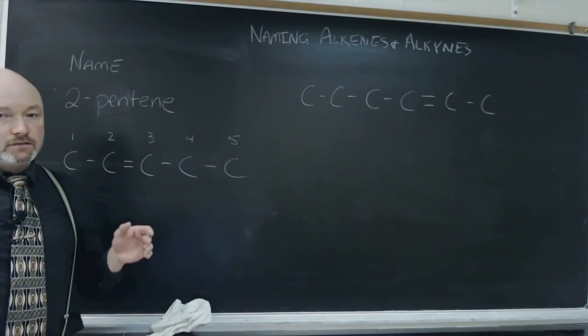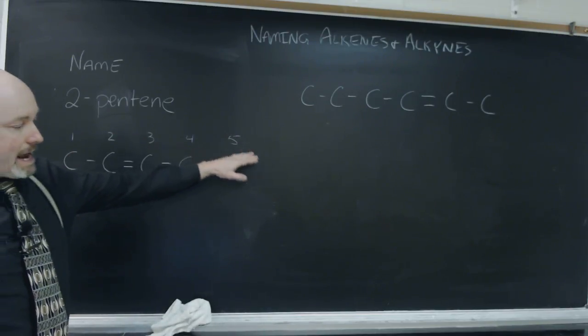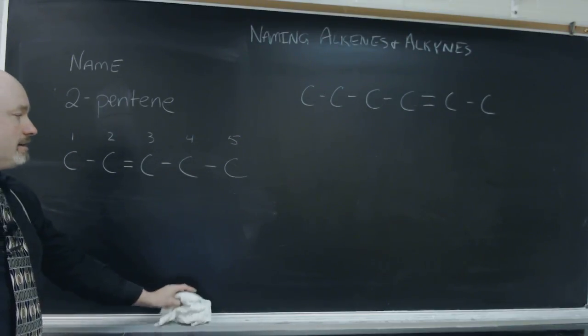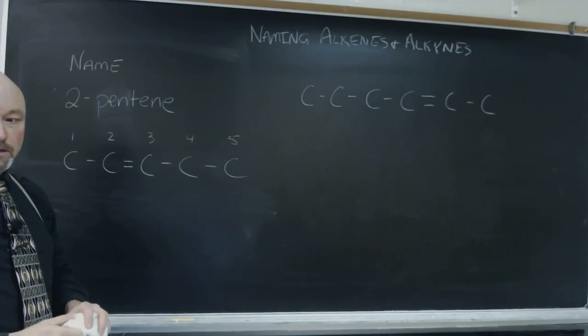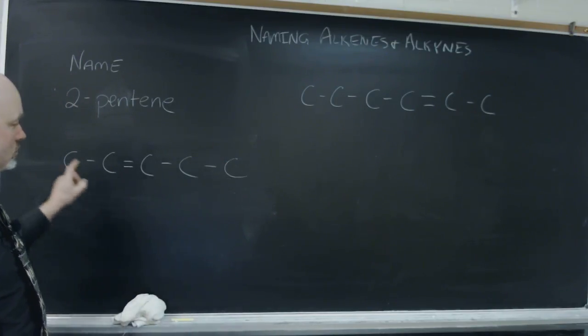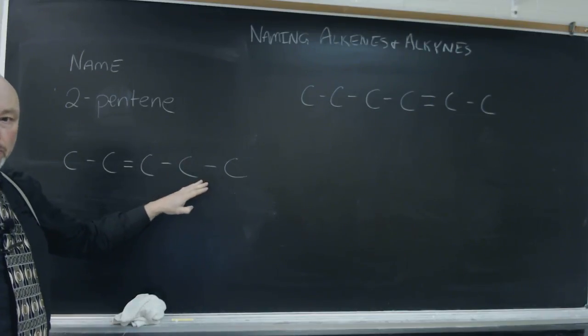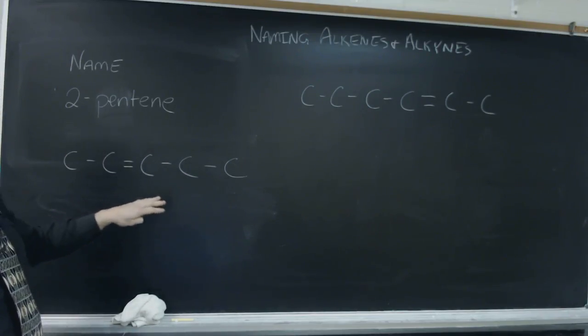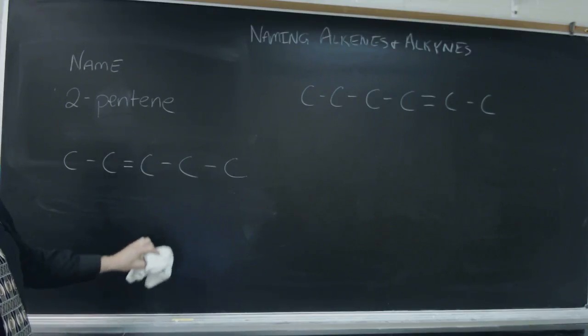If it's a full structural formula, you would add the hydrogens here. If it's a condensed structural formula, which is easier to deal with, you can actually just draw the carbons, and the hydrogens are assumed to be in there because it's a hydrocarbon.